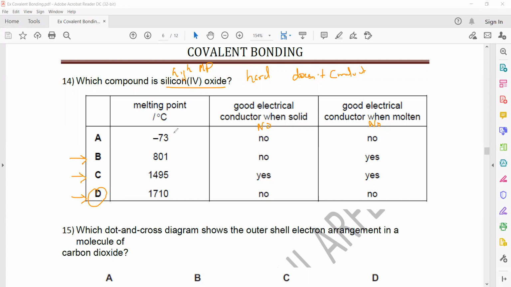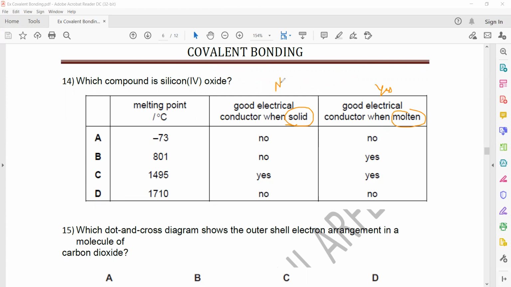A macromolecular structure has a high melting point, but specifically silicon(IV) oxide and diamond do not conduct electricity, even if they are solid or in a melted state. If it was an ionic compound, it would have a high melting point. It does not conduct electricity in a solid, but it can conduct electricity when molten.